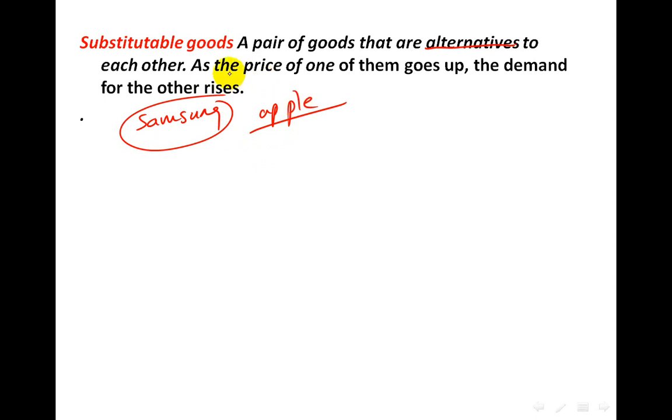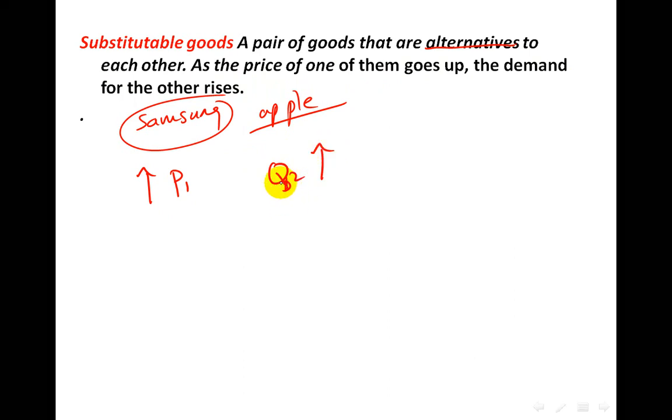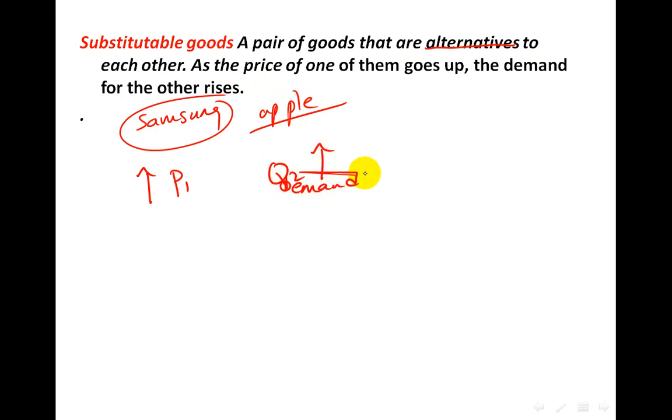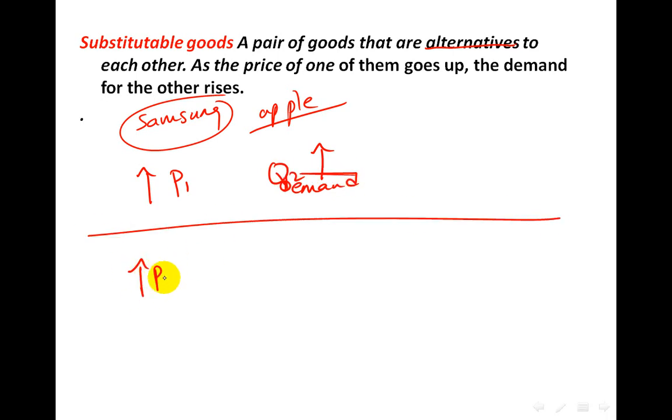So here it says that as the price of one of them goes up, the demand for the other rises. That means, for example, if P1 increases, Q2 demand, here I'm talking about demand, demand of the second will rise. If P2 increases, Q demand of which one will increase?